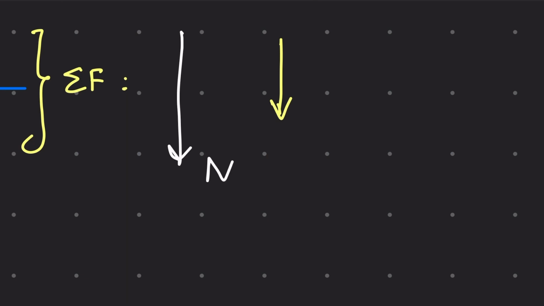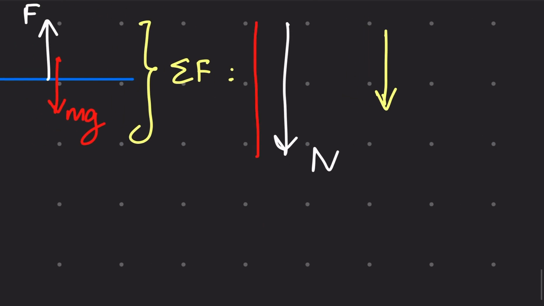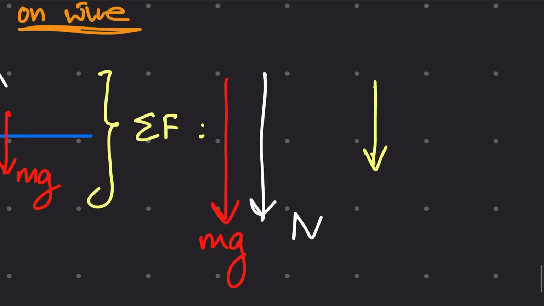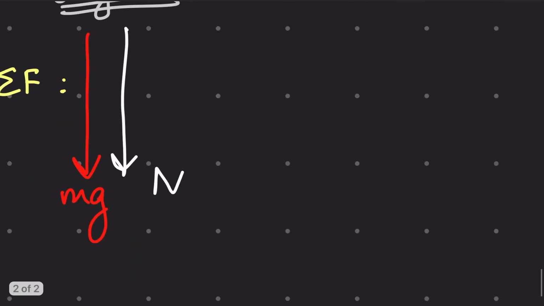So you see, this was the mg, this was the N. This is the first original scenario. But now it's slightly different. The mg is still this much.